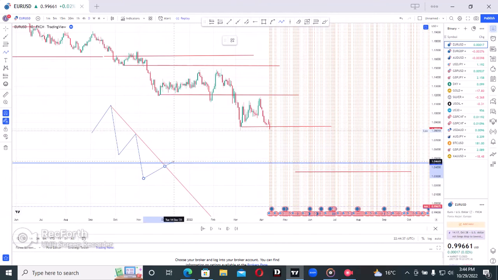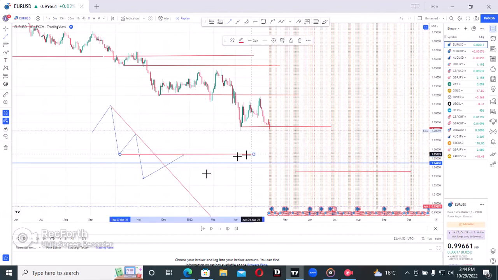And it's possible that this market can break here, just like this. But remember, I told you that there is something we call a support and resistant area, which means that you should have this horizontal line right here.